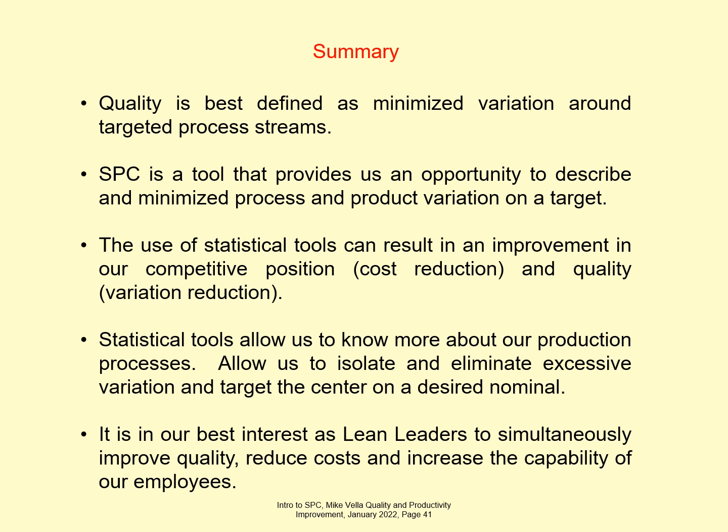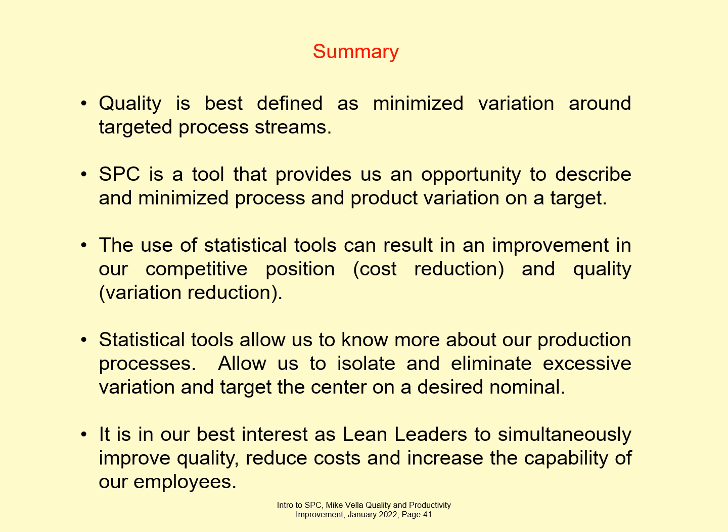Use of those tools can and will result in an improvement of our competitive position. That is, we can reduce costs, reduce waste, make a better product, better reputation for our sales team, better reputation for the company. Statistical tools allow us to know more about our production process because we will be investigating those out of control conditions, which will allow us to isolate and eliminate that excessive variation, on-centered, right on the nominal.